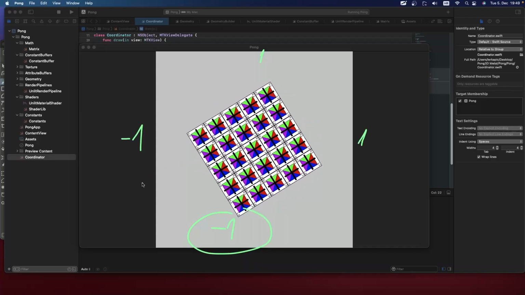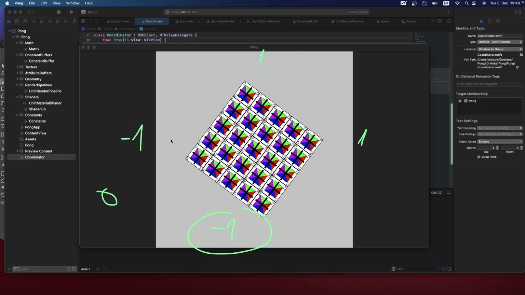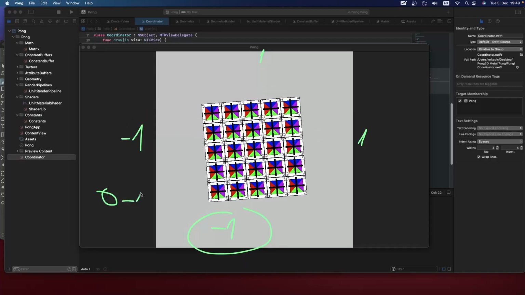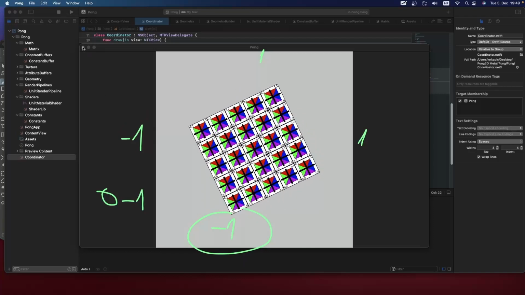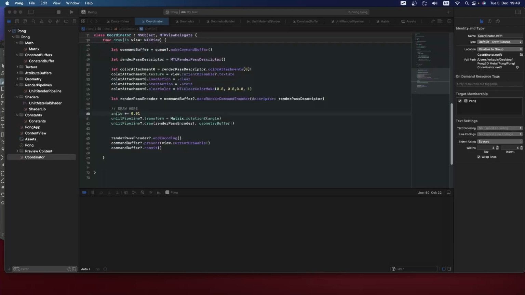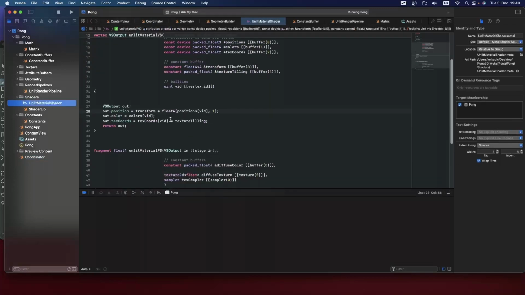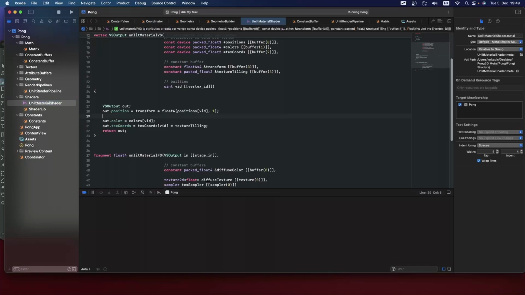We have our depth buffer, and usually the depth buffer, unlike these ones, in Metal at least, goes from 0 to 1. So what does that mean? Let's just discuss it quickly. If I go to our shader here, and our position.z was usually 0, if you remember, right?